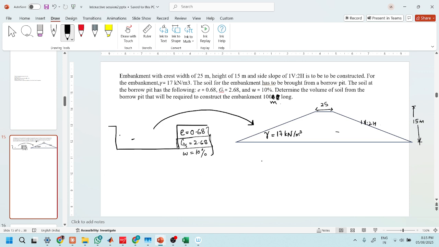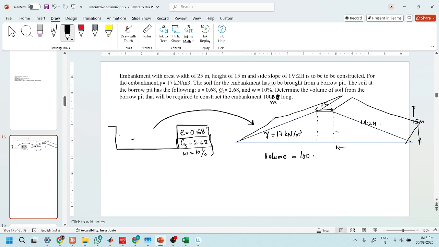First, let us calculate how much volume this embankment will have. So it will be volume equal to the cross-section area times the length. This is 25, this is 100 to 2 column after.